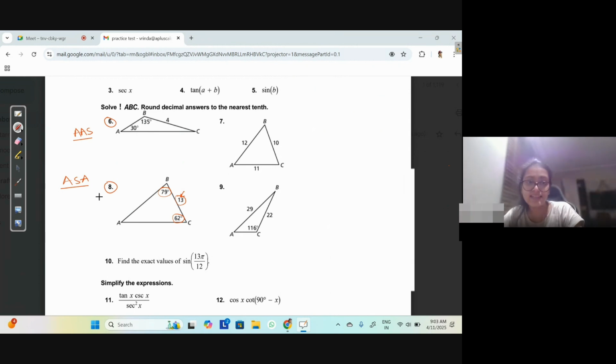Now even in this case, you can use law of sines to find out the missing pieces. First of all, you should find out angle A by using the angle sum property. Can you find out? 180 minus 79 minus 62.